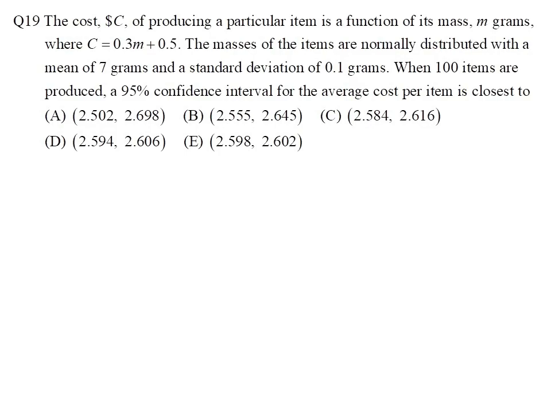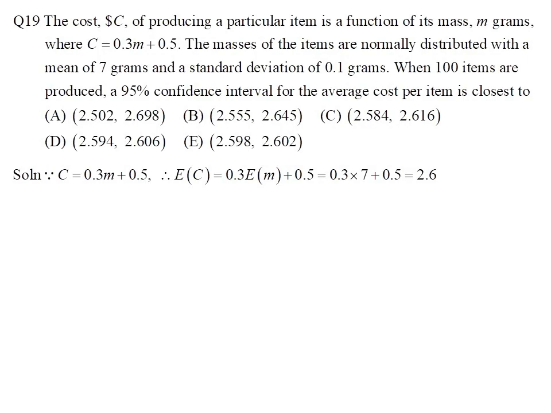The question here is to find a 95% confidence interval for the average cost per item when 100 items are produced. Since the cost C equals 0.3m plus 0.5, its expected value E of C equals 0.3 times E of m plus 0.5, which equals 0.3 times 7 plus 0.5, which equals 2.6.